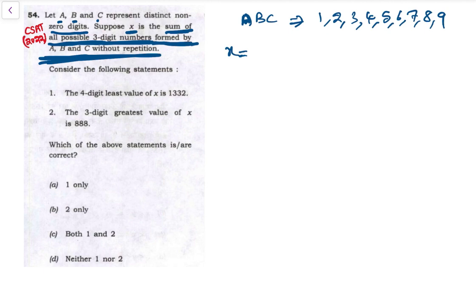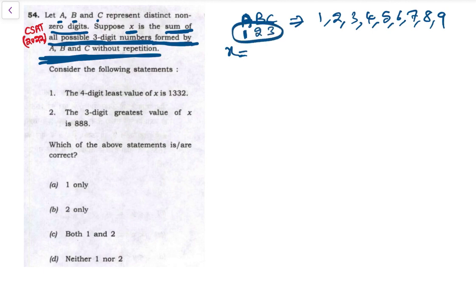Let x is equal to the sum of all the possible 3 digit numbers formed by A, B, C. So x is equal to all the numbers possible by A, B, C. So A, B, C का कोई भी 3 digit numbers लो. So let's take 1, 2, 3. ठीक है.